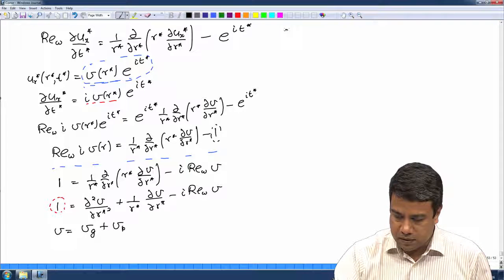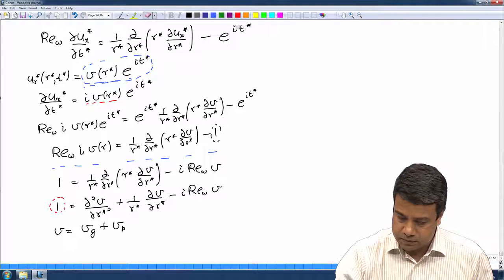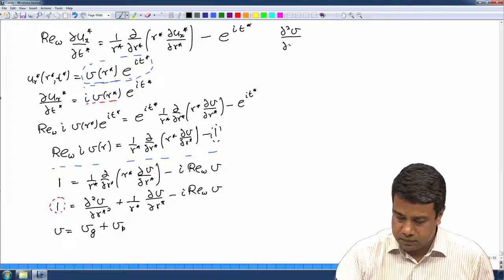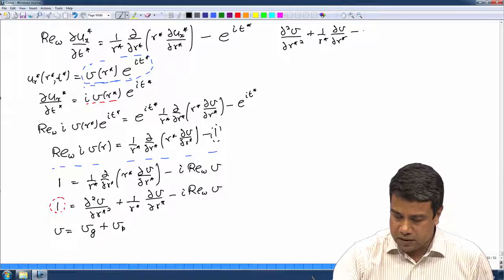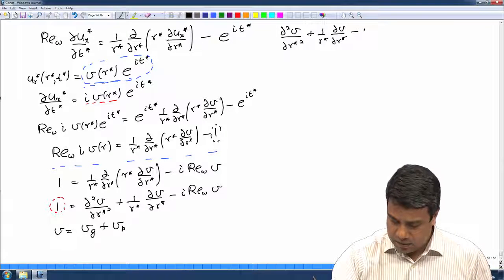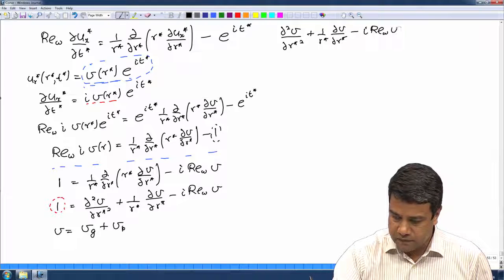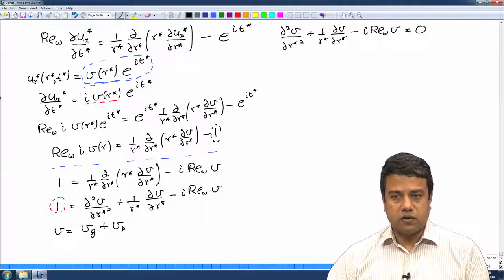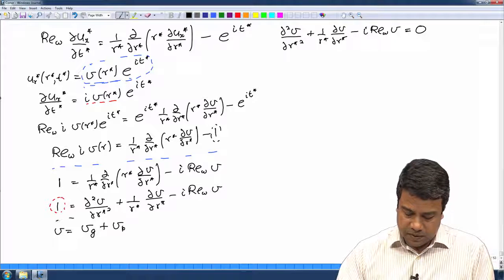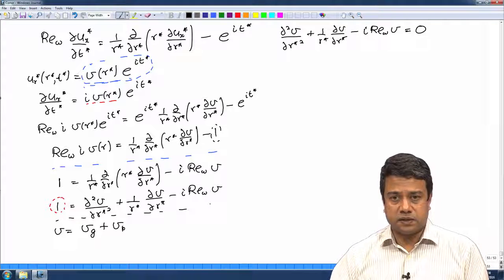So, the homogeneous equation is d square V by dr square plus 1 by r dV by dr minus i Re omega V is equal to 0, and the particular solution is any one solution of this inhomogeneous equation.